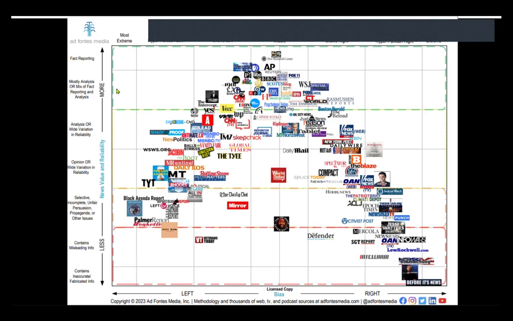As you move down, you have some mixed analysis. Further down, you might have a much wider variation in reliability, much more opinion. Sometimes you actually get down to the bottom where there is misleading or inaccurate information that is often used in that particular source.